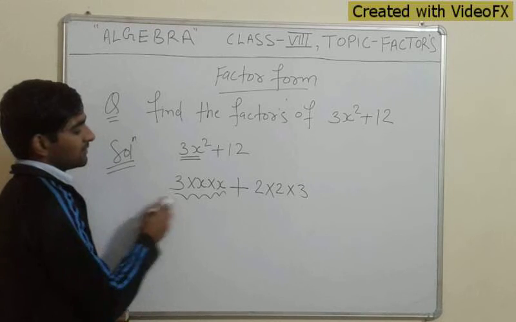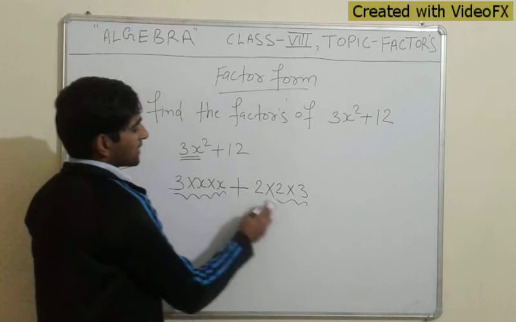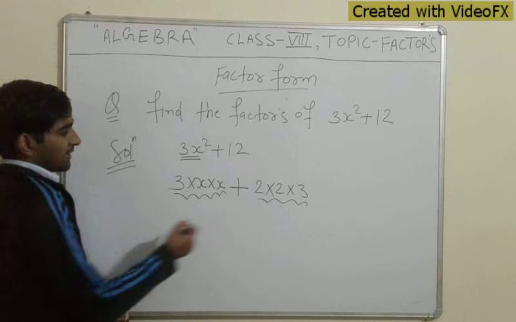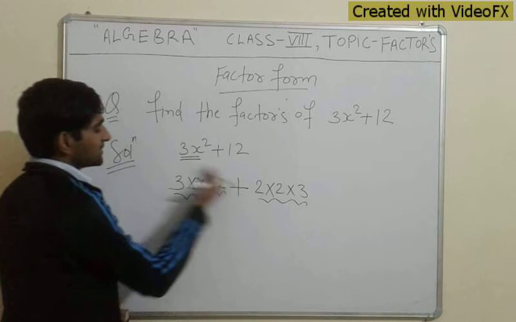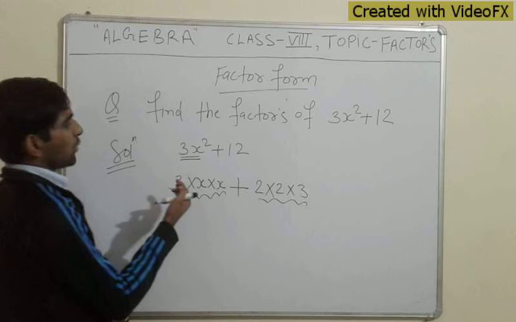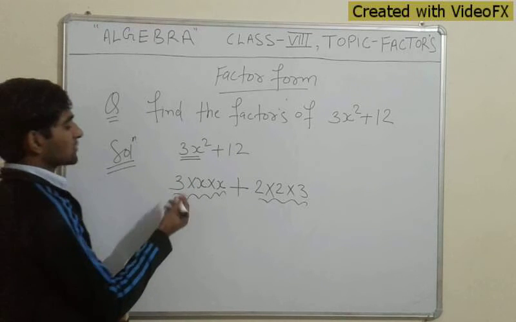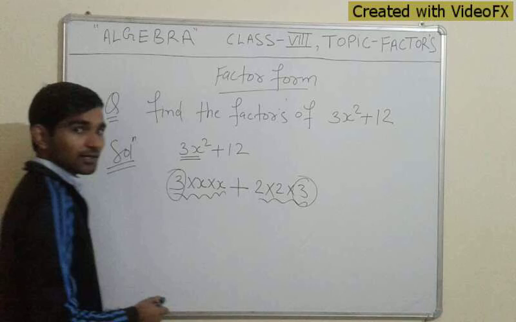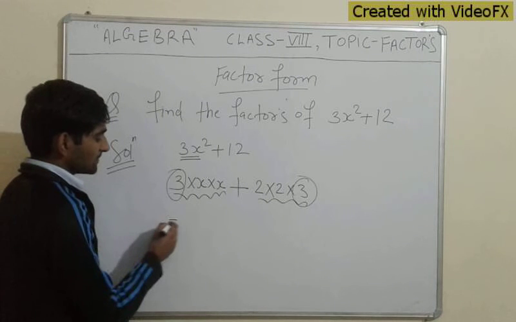Without any confusion, underline these two expressions. In these two expressions, we can take common. What is the common? Common is only 3. So this 3 can be taken common. So write 3.